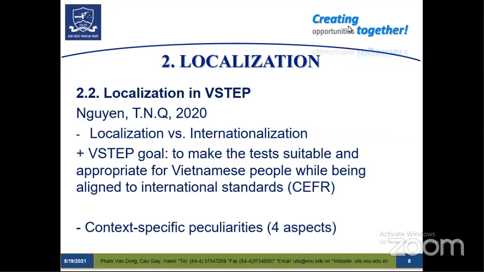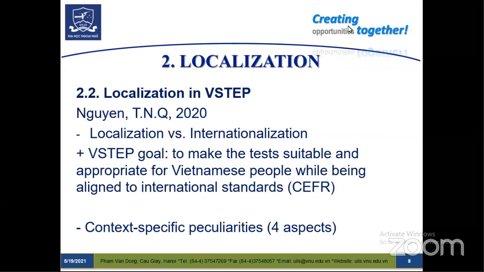Internationalization can be seen in the way that we align to international standards by following and adapting the CEFR. However, as the goal of our test is to make it suitable and appropriate for Vietnamese people, we bring in the idea of culturally familiar components.